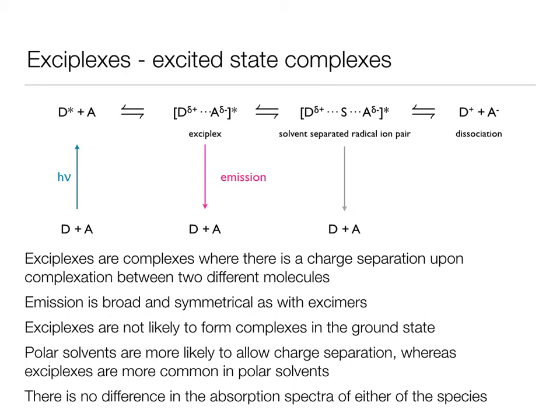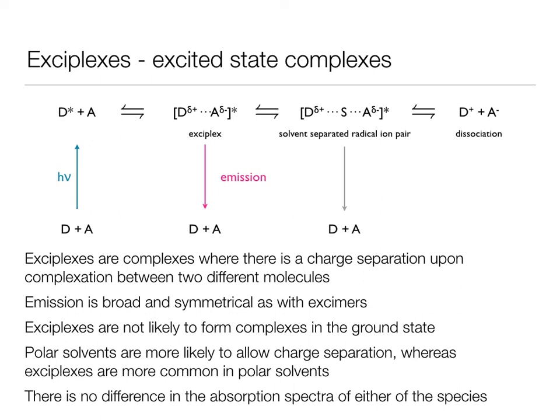Now, this can go on further, and I can actually end up with dissociation or electron transfer happening within my molecule. But the Exciplex, the bit I'm interested in here, is this charge-separated donor-acceptor complex. From this charge-separated donor-acceptor complex, I can have emission just the same as before.